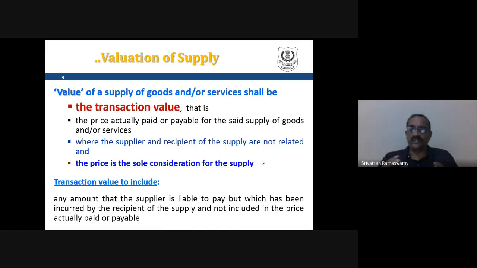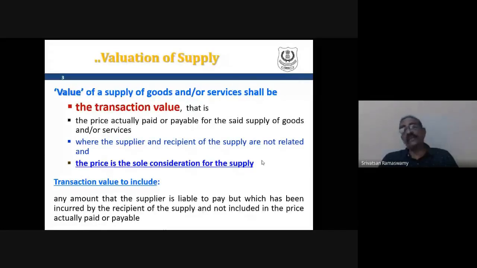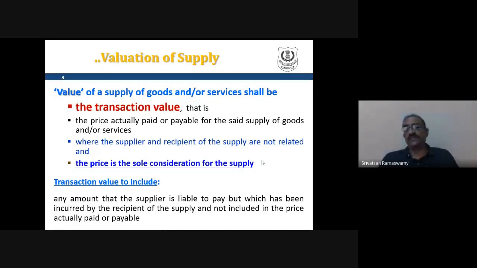So this is the first and fundamental understanding that you should have before proceeding further. This is the first condition. It is the price actually paid or that becomes payable on account of supply of goods and services. And the second very important condition is that the supplier and the recipient of supply should not be related persons.